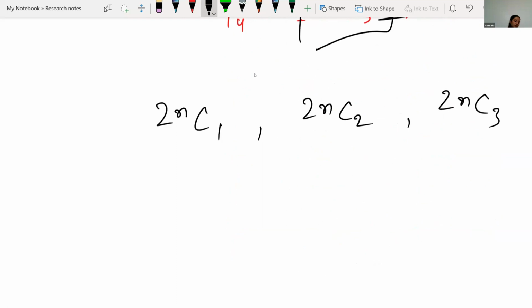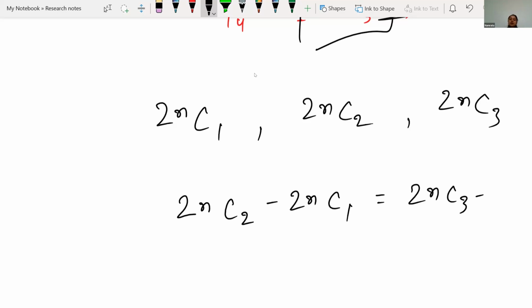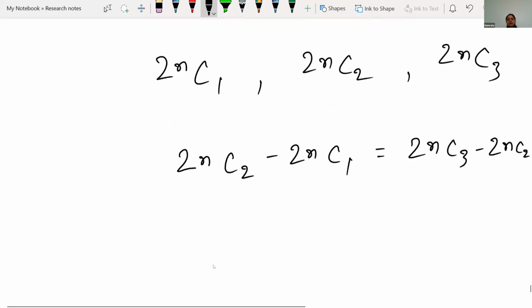What's the condition for AP? They have to have equal difference. Yeah, equal difference. So we can write it as 2nC2 minus 2nC1 is equals to 2nC3 minus 2nC2. Can we? Yes, ma'am. Here also 2nC2, here also 2nC2.